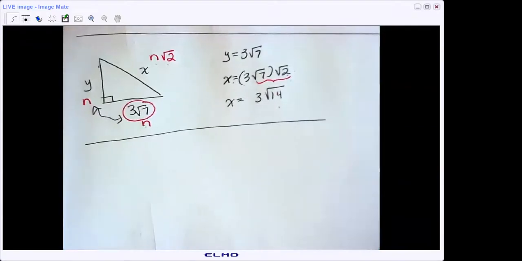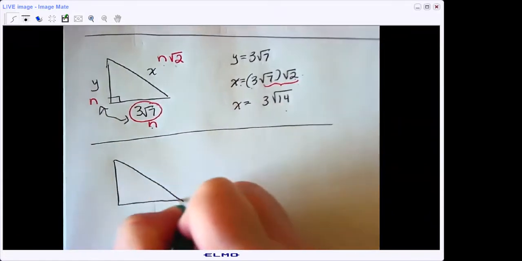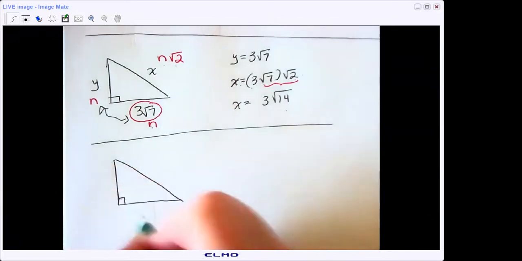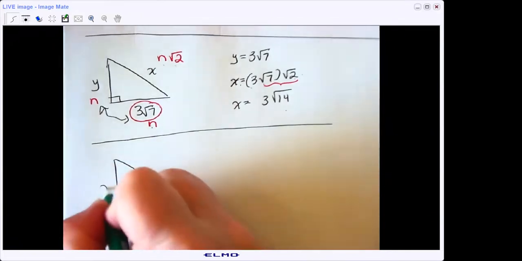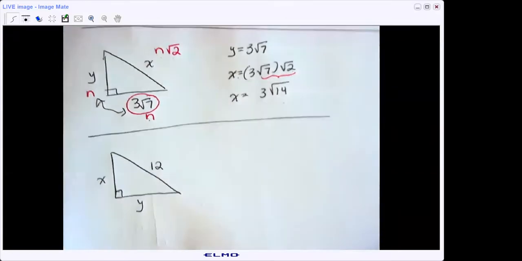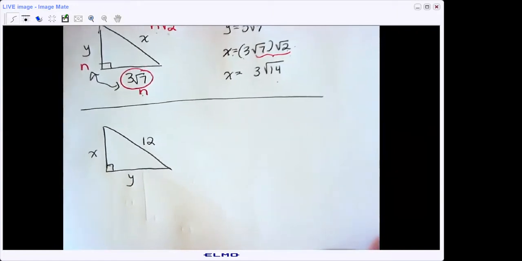Okay. So this one, we've got x, y. This time, our hypotenuse is 12. So this becomes a little different because the hypotenuse is now a whole number. And it can be even or odd, it doesn't matter, it's the same process.